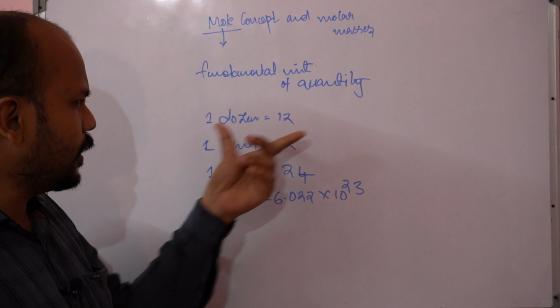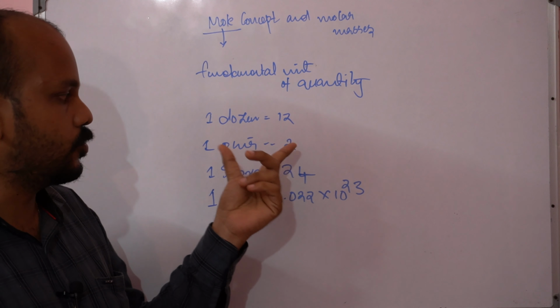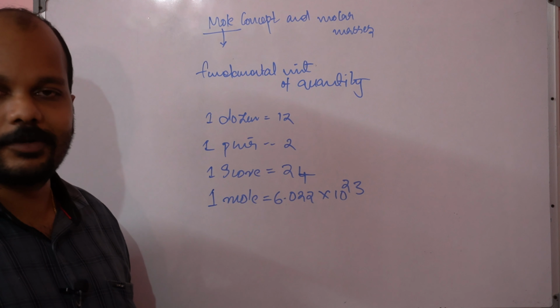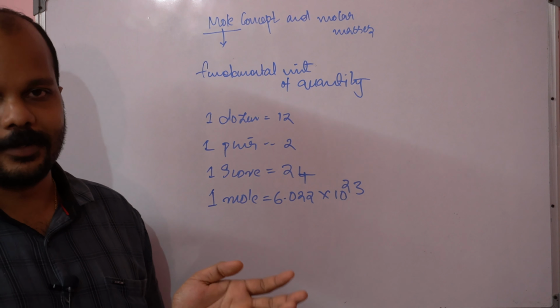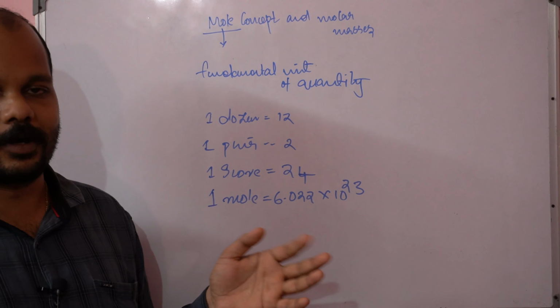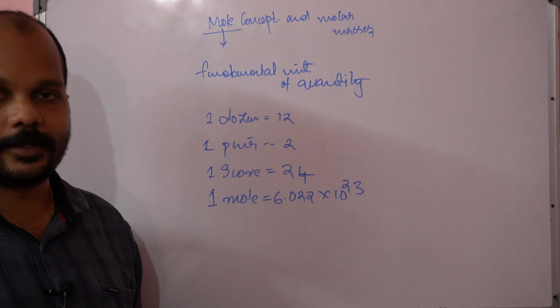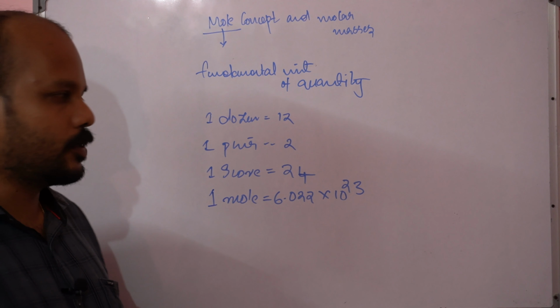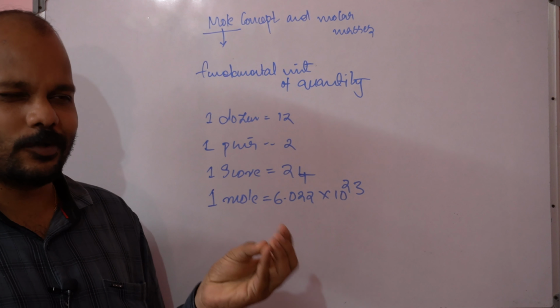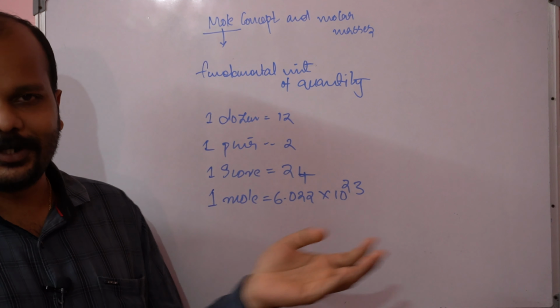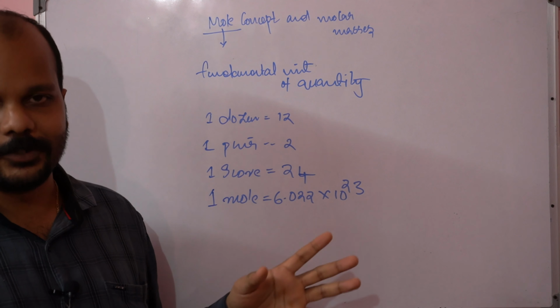Actually, the same digits, 12, 2 or 24, we cannot apply in the case of atomic scale entities, say atoms or molecules, because if you take 12 atoms, how much will its mass be? It cannot even be measured using ordinary equipment, right?